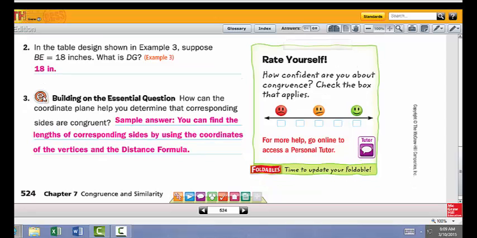How can the coordinate plane help you determine that corresponding sides are congruent? And a sample answer would be you can find the lengths of the corresponding sides by using the coordinates of the vertices and the distance formula.